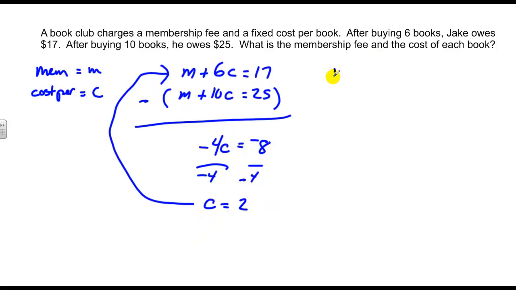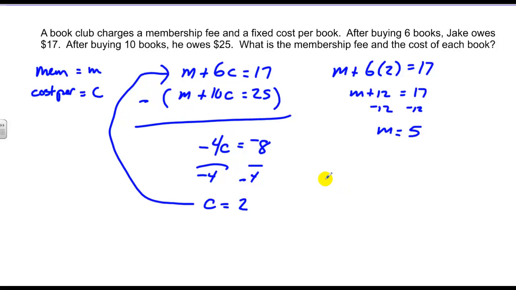So I have the membership plus 6 times 2 is equal to 17. That's M plus 12 is 17. Subtract 12. Get M equals 5. So the membership is 5 and the cost per book is 2.